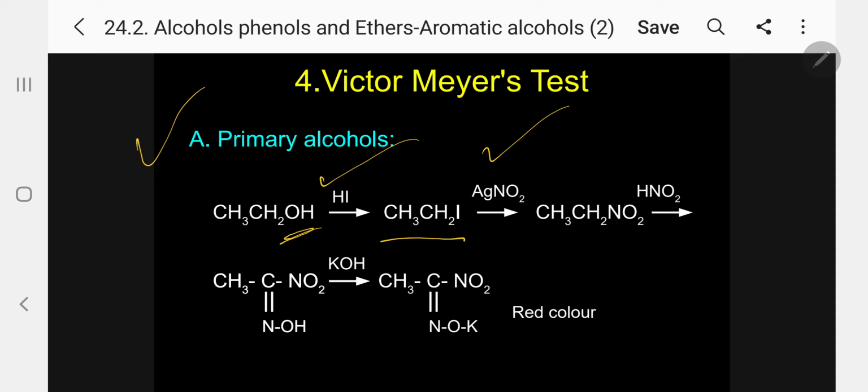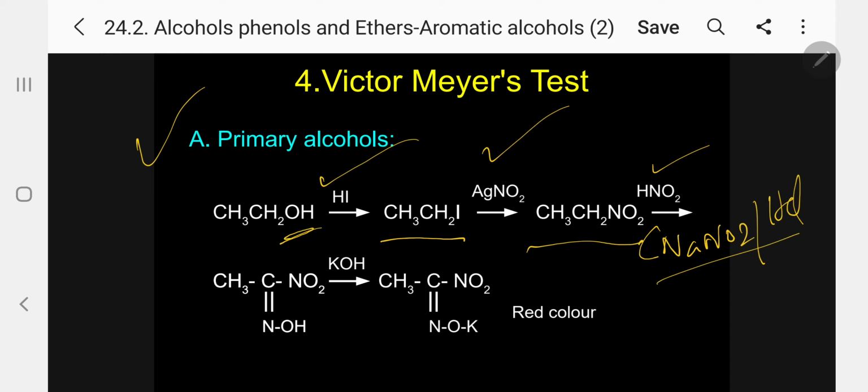When you treat with silver nitrite, the I is substituted with nitro, so nitroethane is produced. Then we treat with nitrous acid, which is nothing but sodium nitrite plus HCl or sulfuric acid. It will produce this nitrous acid. Or even water we can use. Kindly follow.